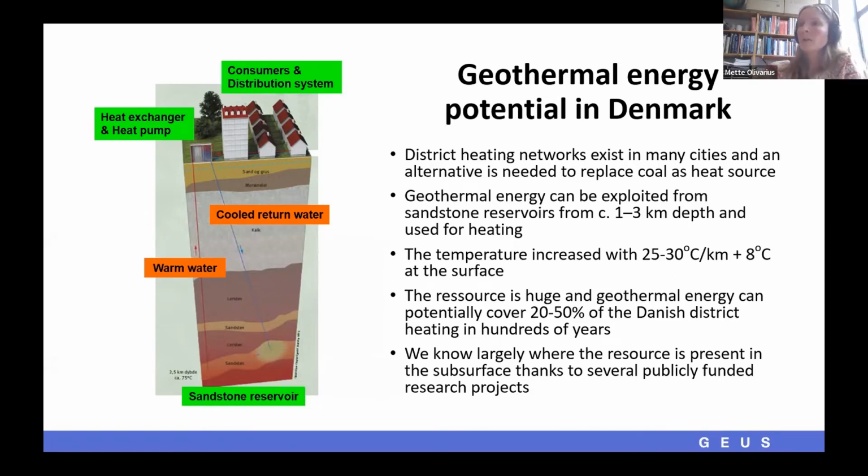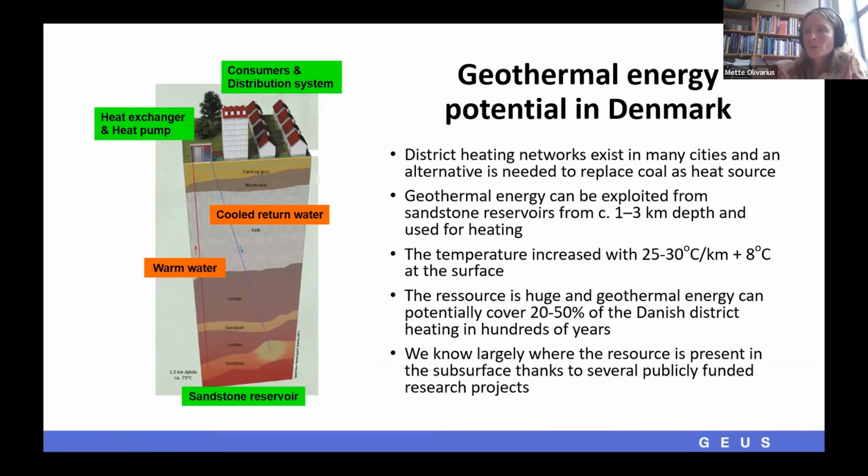So it's really a lot, and it can potentially cover up to 50 percent of the Danish district heating for hundreds of years. Of course, it only makes sense to apply it where you really have a large heating demand at the surface, or cooling. It's also increasingly used for cooling, especially in hotter places.